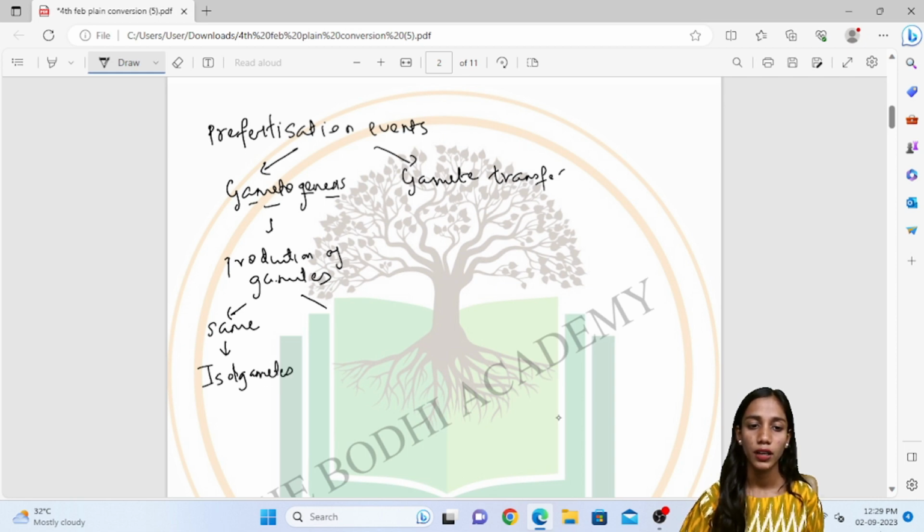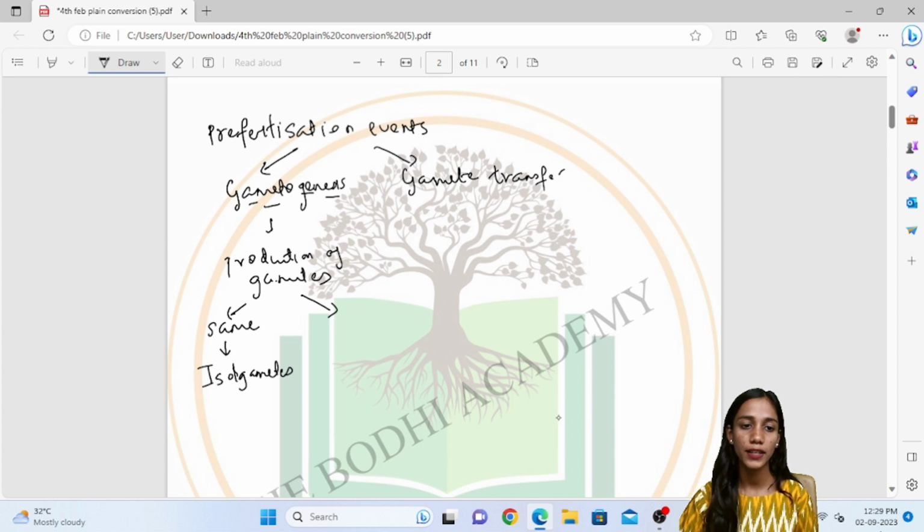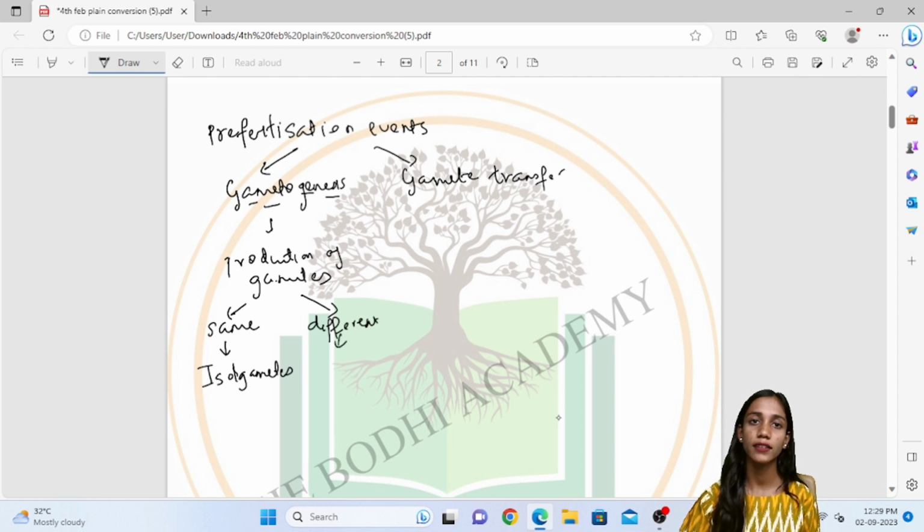Isogametes. Now, in most of the organisms, the gametes produced by the female are different and the male are different. So means they are morphologically different. Looking at them, you can identify that this is the male gamete and this is the female gamete. These are called as heterogametes.